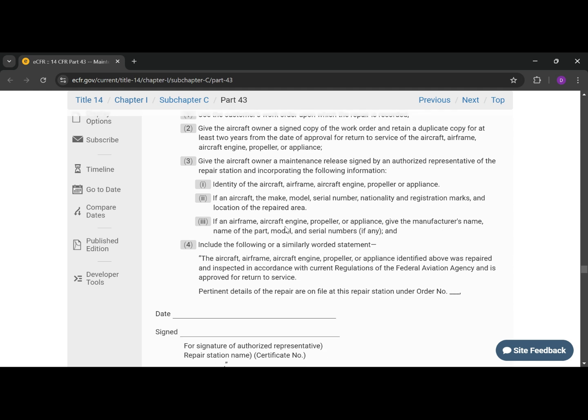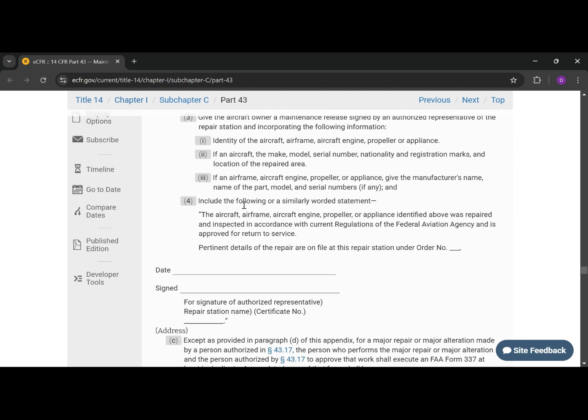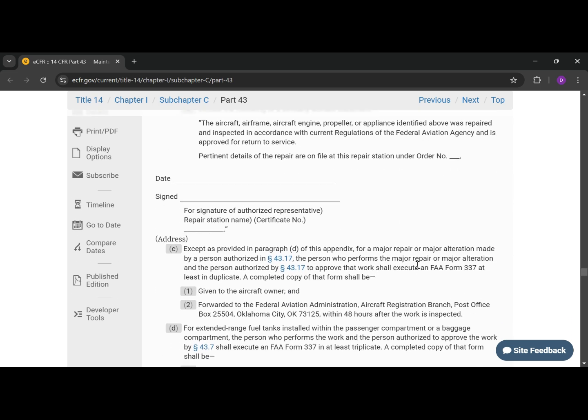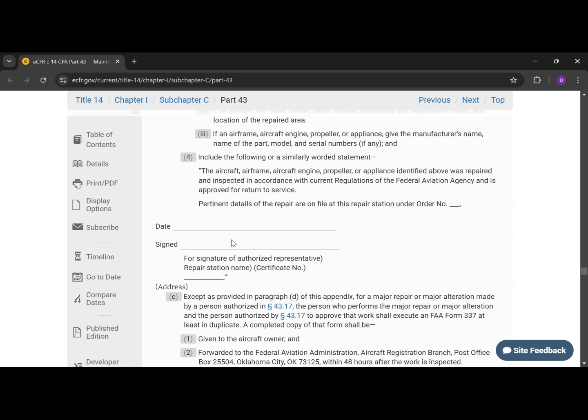If an airframe, aircraft engine, propeller, or appliance, give the manufacturer's name, name of the part, model, and serial numbers, if any, and include the following or a similarly worded statement: the aircraft, airframe, aircraft engine, propeller, or appliance identified above was repaired and inspected in accordance with current regulations of the Federal Aviation Agency and is approved for return to service. Pertinent details of the repair are on file at this repair station under number, whatever the number is. And here's an example of that.